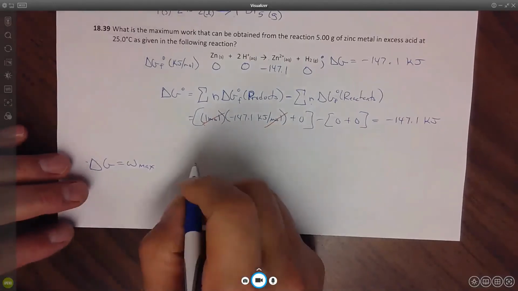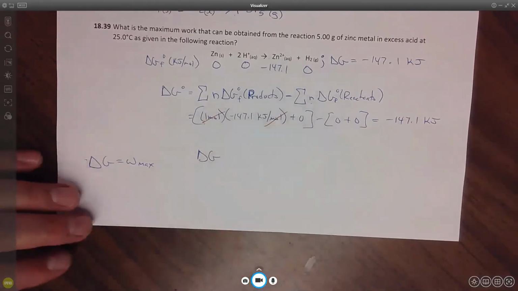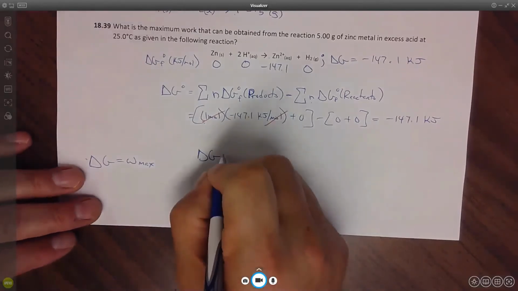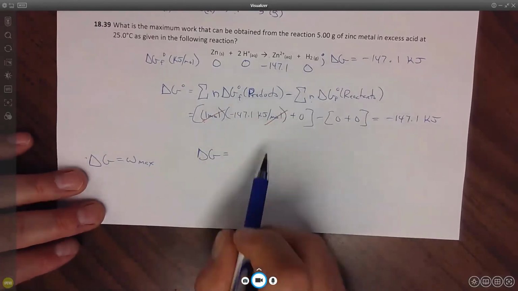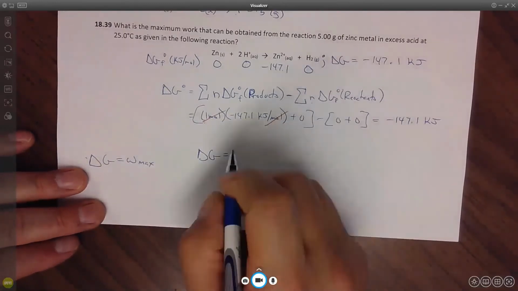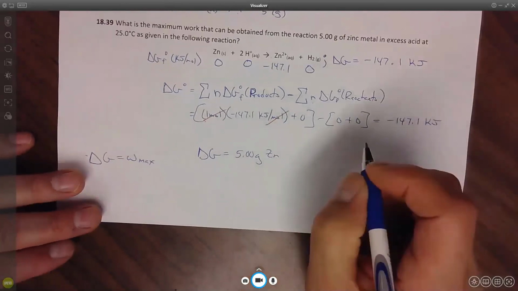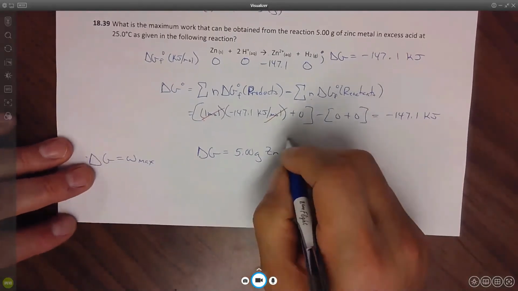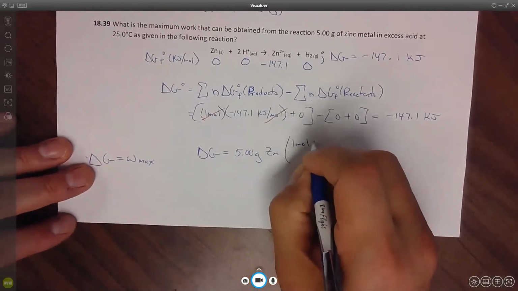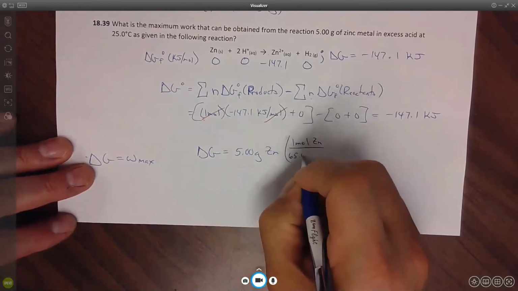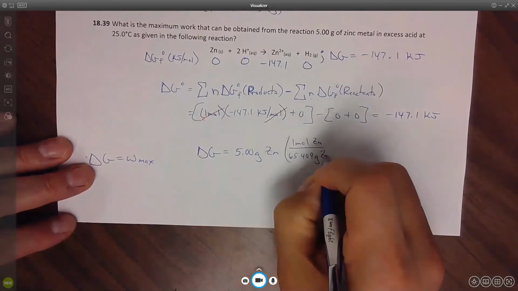So now to calculate del G, the actual free energy change, I'm going to say, well, there is 5 grams of zinc. Zinc has a molar mass, so in 1 mole of zinc there is 65.409 grams of zinc.